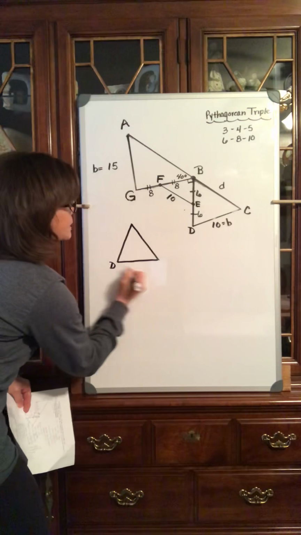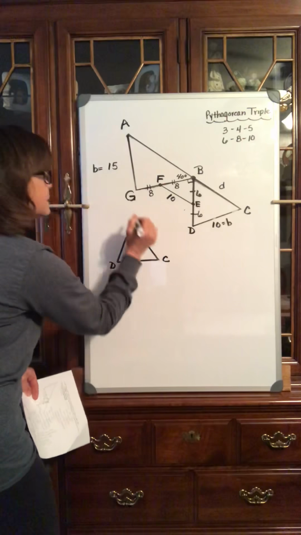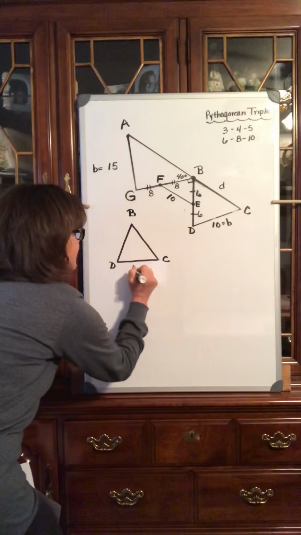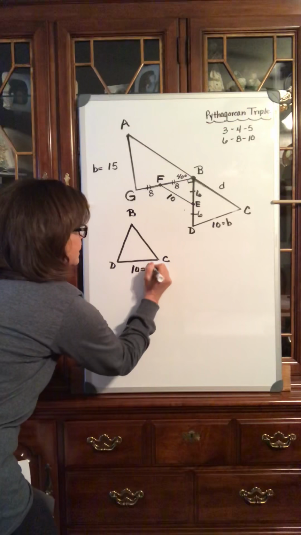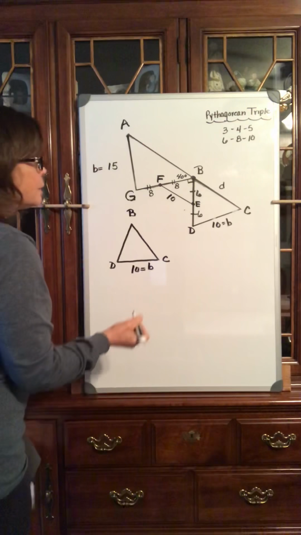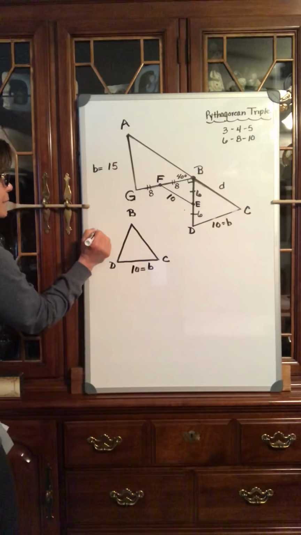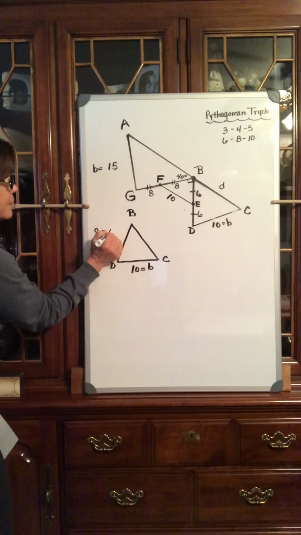Angle D, angle C, angle B. This is 10, lowercase b. We know this whole side was 6 plus 6, so lowercase c is going to be 12.